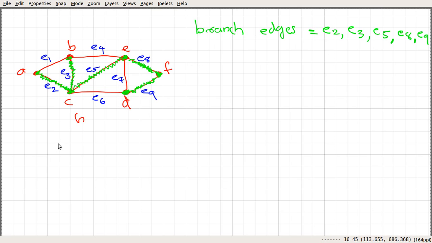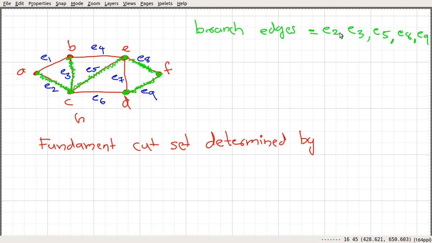Let's find the fundamental cut set determined by E2.